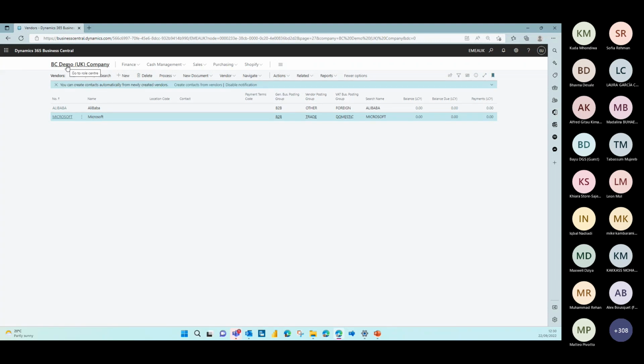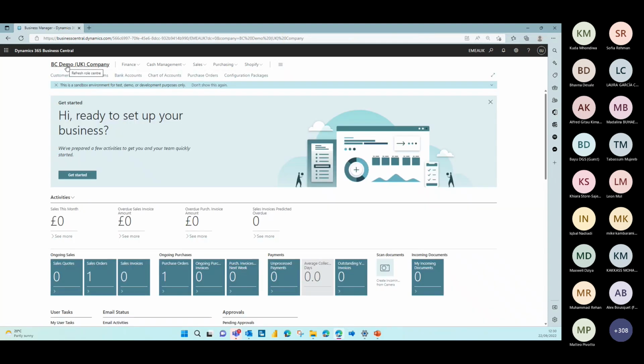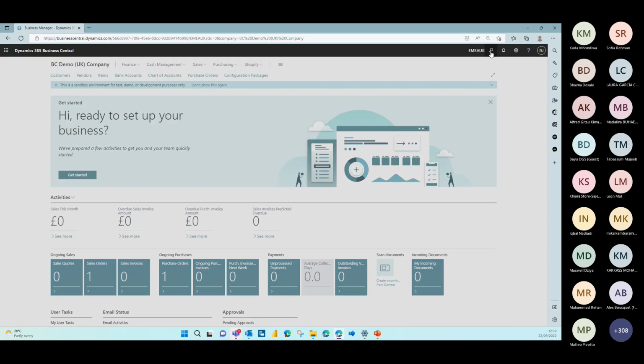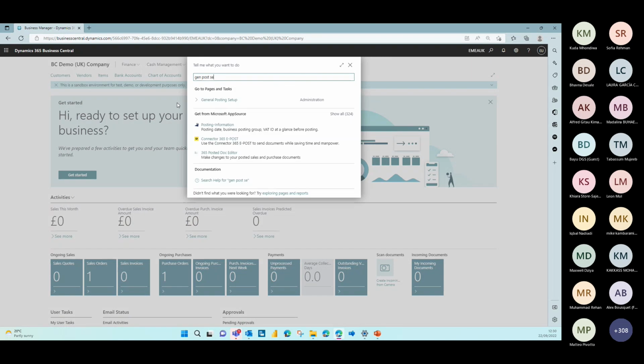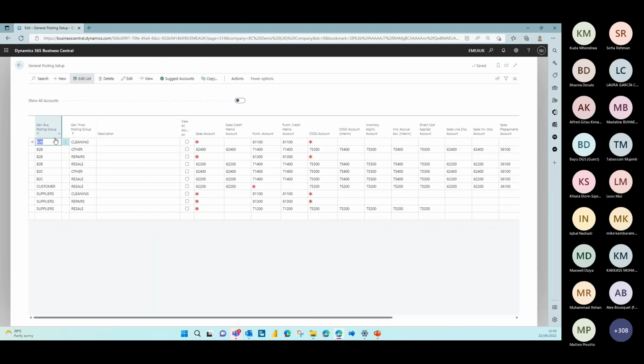And I've shown you on the slides how I've set up my posting setup. So if we go to general posting setup, here.